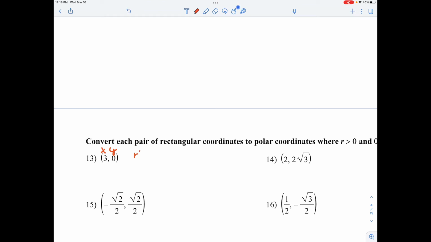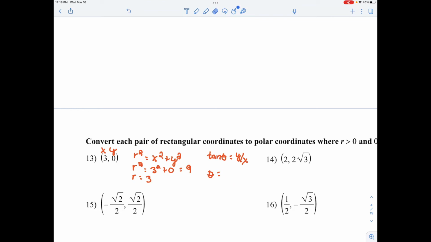So r squared equals x squared plus y squared. So r squared is equal to 3 squared plus 0, which is 9. So r is equal to 3. And then to find my angle, I have to remember that tangent of theta is equal to y over x.